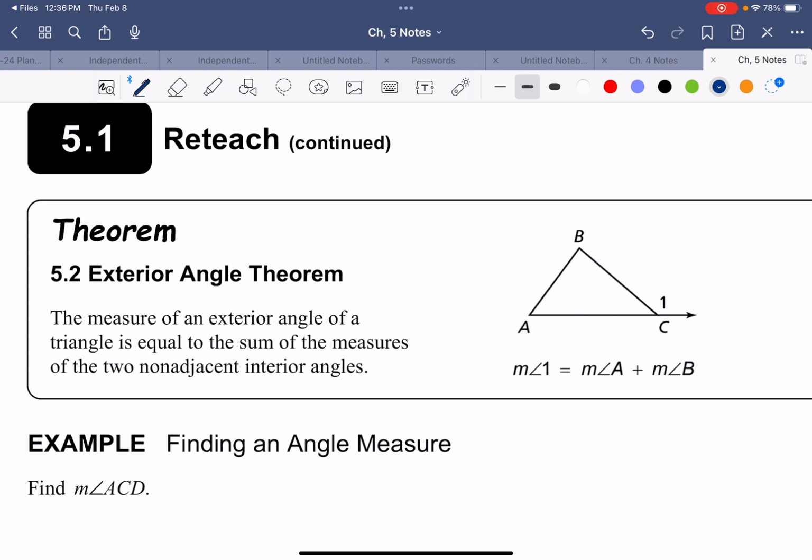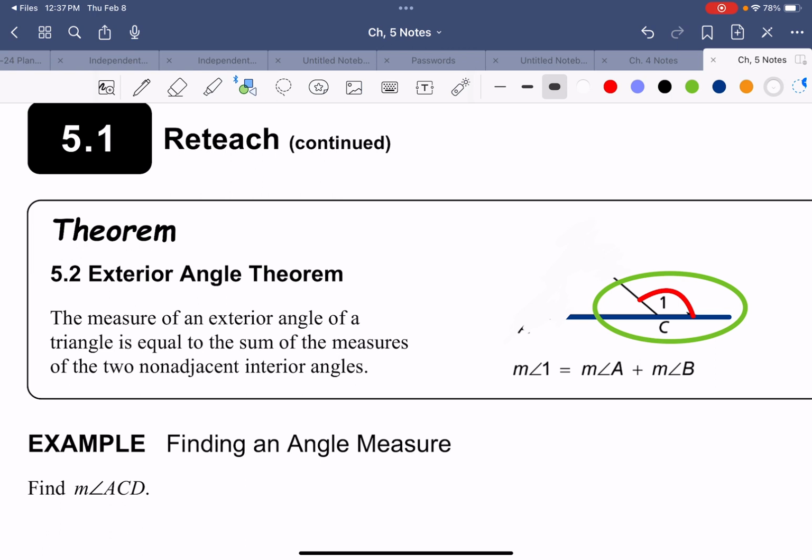Exterior angle theorem. If we extend the length of one of the sides of a triangle and create this exterior angle here, 1, notice that between both of these, if I got rid of all of this, it looks like I have a linear pair.